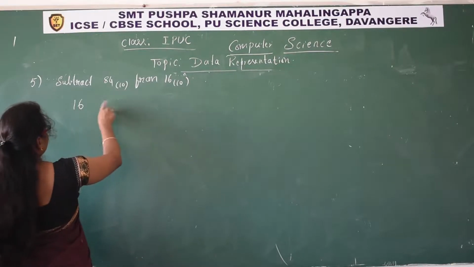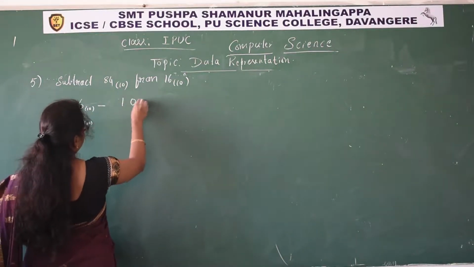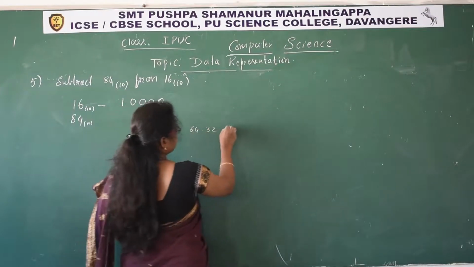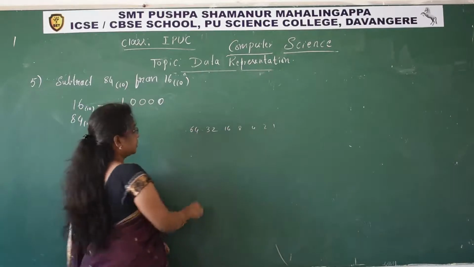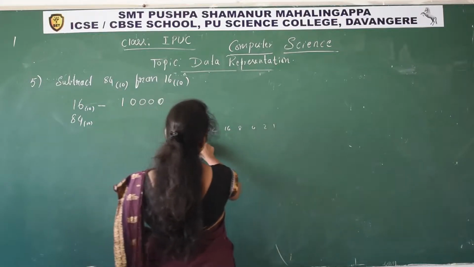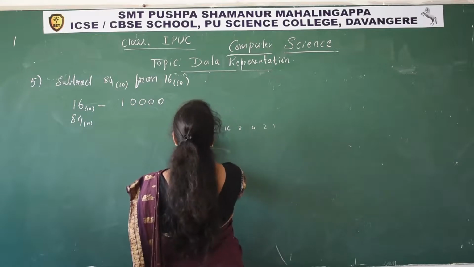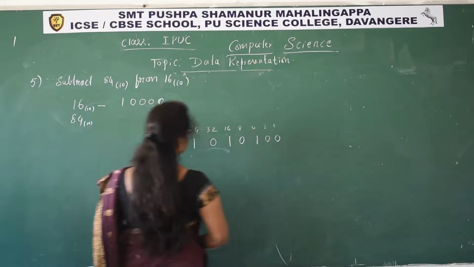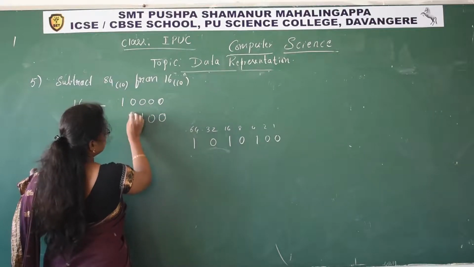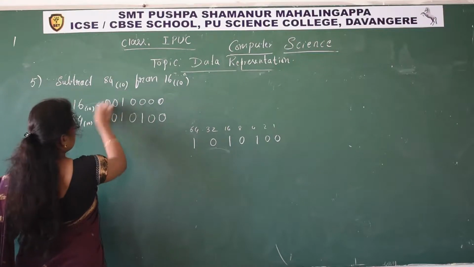First we have to write the minuend and subtrahend. 16 is the minuend and 84 is the subtrahend. 16 is 10000 and 84: 64, 32, 16, 8, 4, 2, 1. 64 plus 16 is 80, 80 plus 4 is 84, so 1010100.